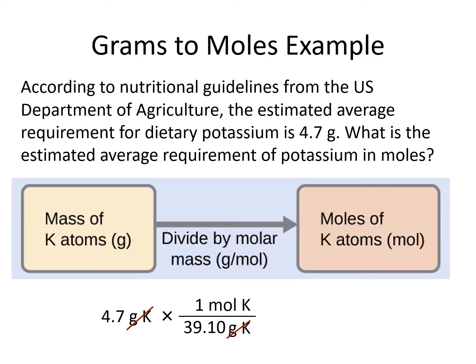Since the molar mass had to be on the bottom to go next to grams, that tells us to divide by the molar mass, and we come out with 0.12 moles of potassium. Notice that the molar mass is different for different elements, so this problem would be different if it were magnesium or iron instead of potassium.